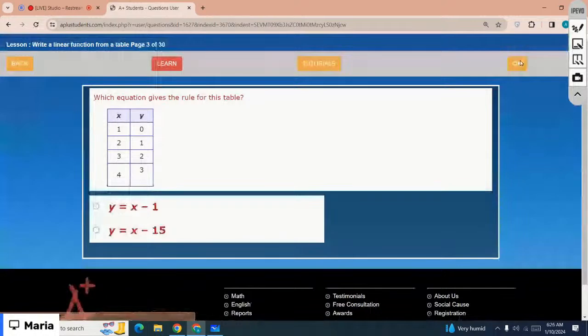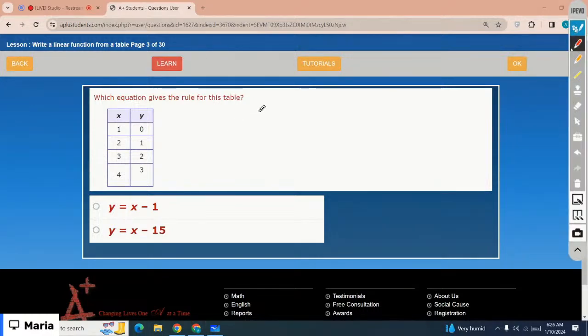Which equation gives the rule for this table? So which is the correct option? Okay, so you need to find the slope and the y-intercept, right?